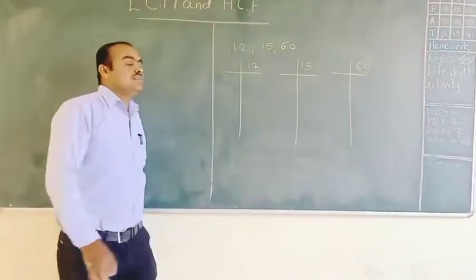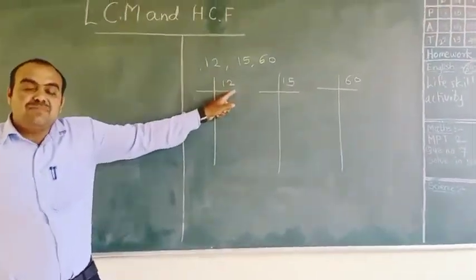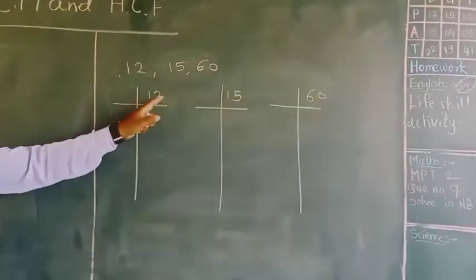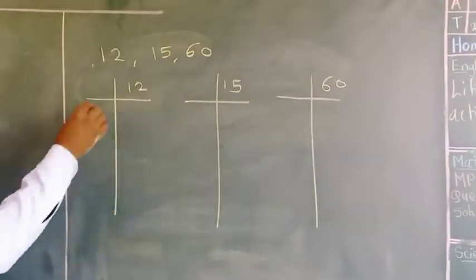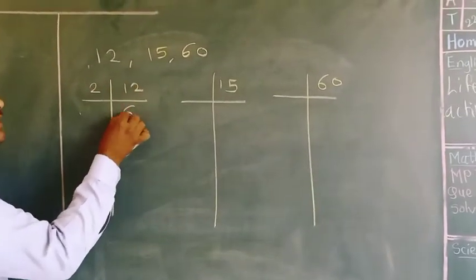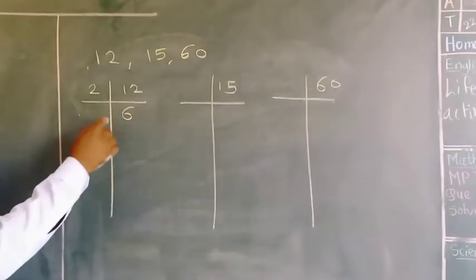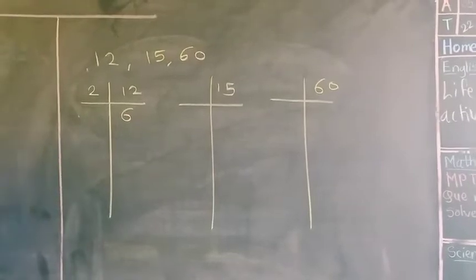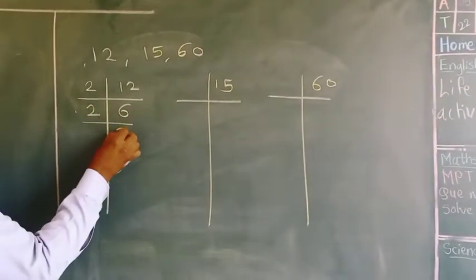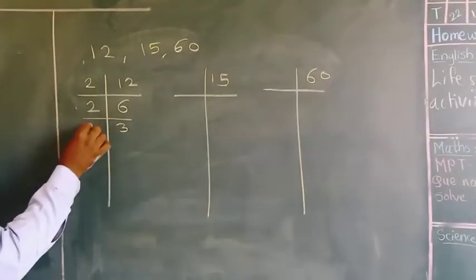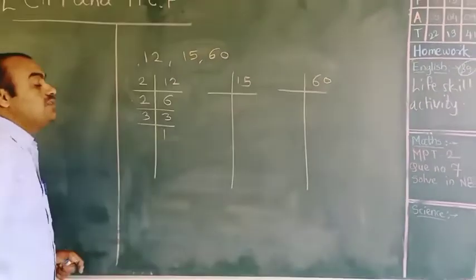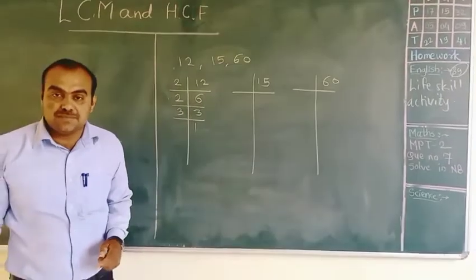Now, 12 I am writing on the right side. We have to start from 2. 2 divides 12 and we get 6. 6 divided by 2 gives 3. And 3 has no other factor, so 3 divided by 3 gives 1.